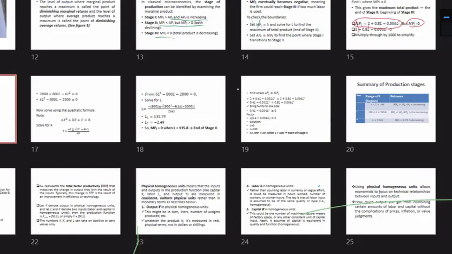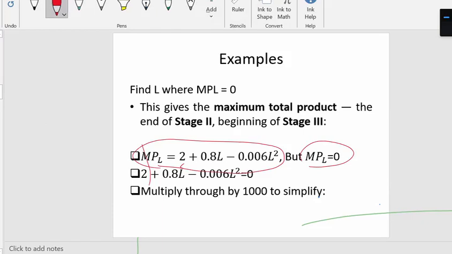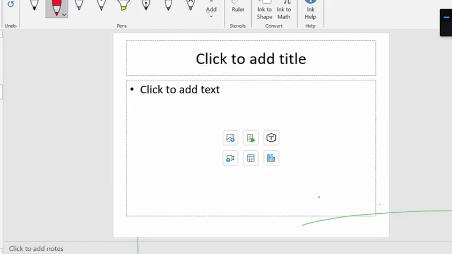Sawa. Kwa mfano, you have been given this equation, sawa? For example, marginal product amekupa ngapi?